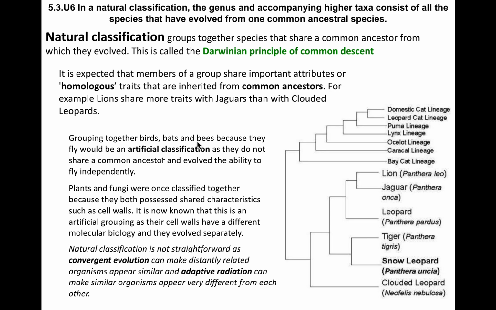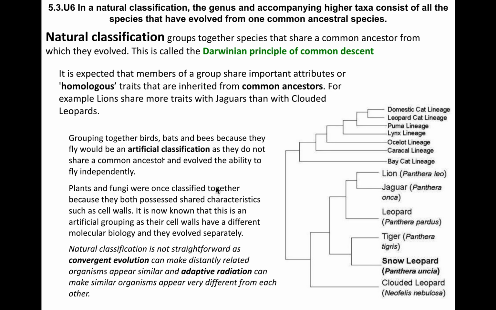So grouping together birds, bats, and bees because they fly would be an artificial classification system, as they do not share common ancestors and they evolved the ability to fly independently. If you looked at their bone structures, they would not be the same, meaning they don't have similar DNA. They just have the same features, which we call analogous structures.